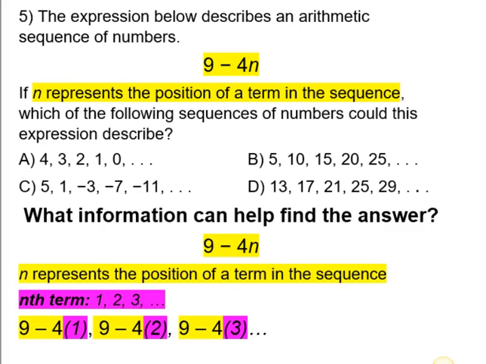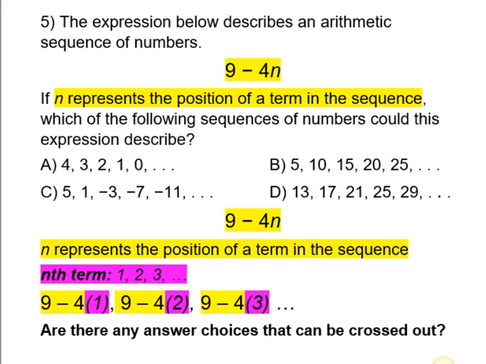So the nth term would be 1, 2, 3, and so forth. And what we would do is substitute in the value of the variable n for those numbers. So 9 minus 4 times 1, 9 minus 4 times 2, 9 minus 4 times 3, and so on.